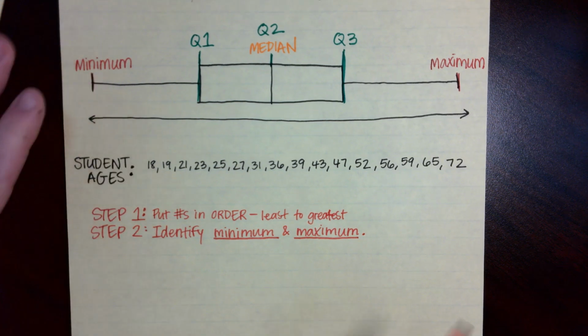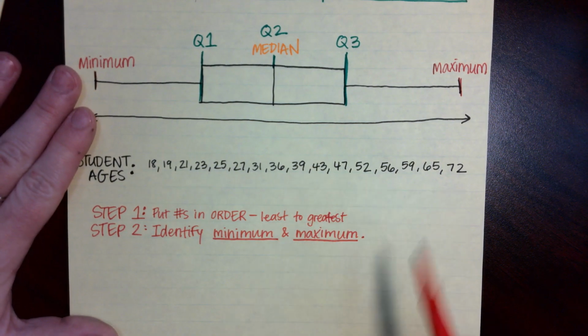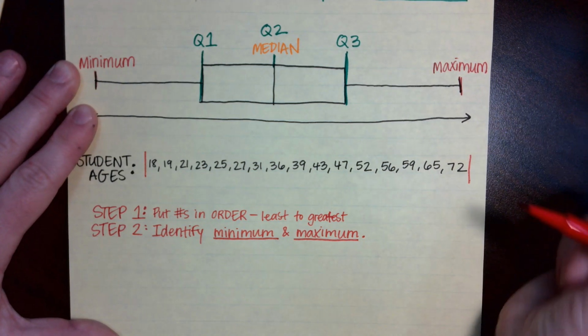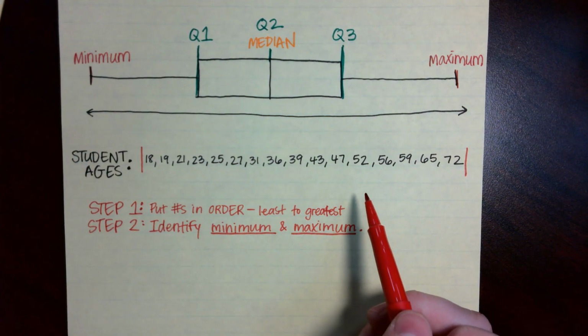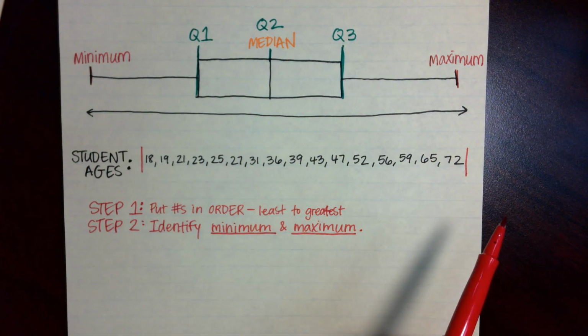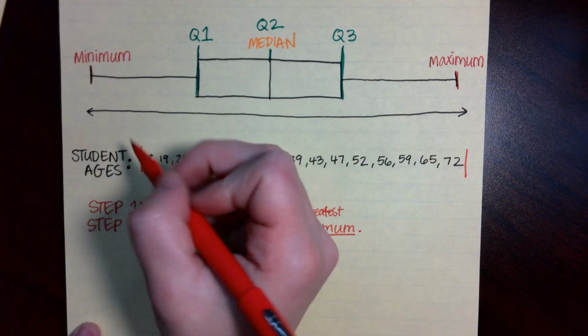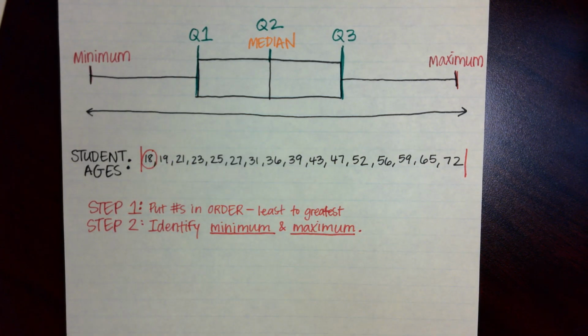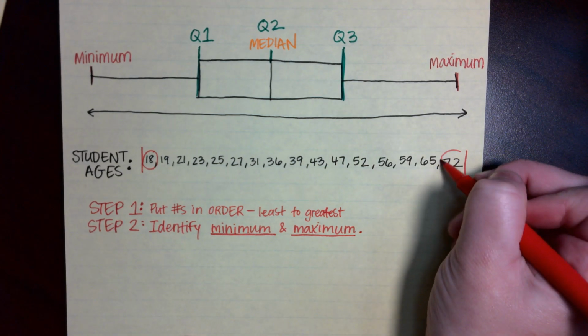So if we're looking here at our big set of data, I'm going to draw little boundary lines around it. What number is my minimum? 18. So I'm going to circle that. There's my minimum. And what number is my maximum? 72.